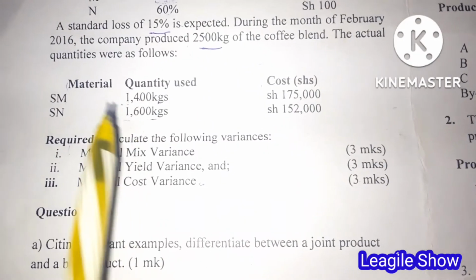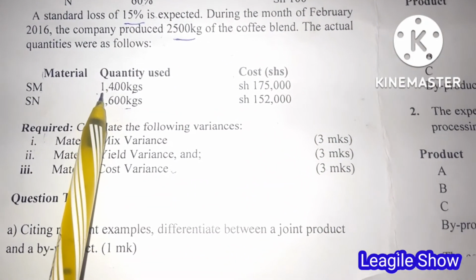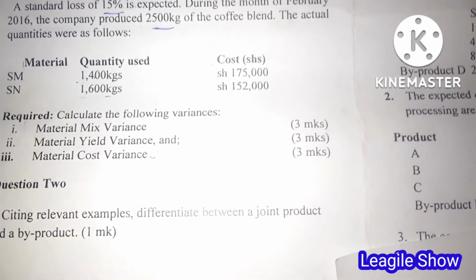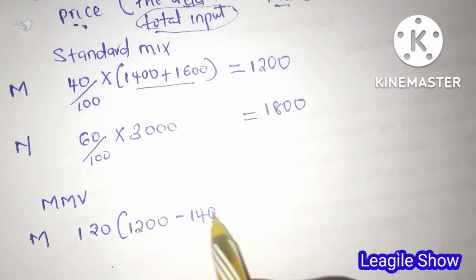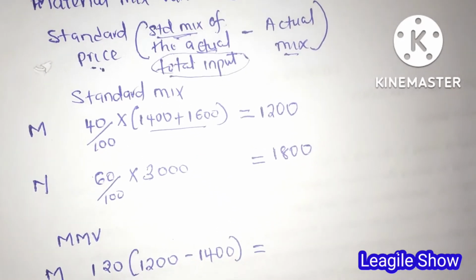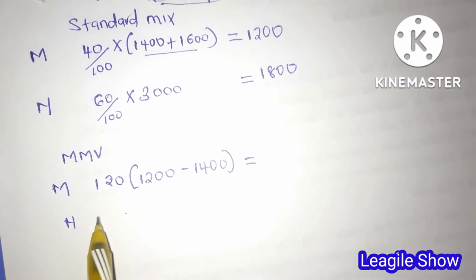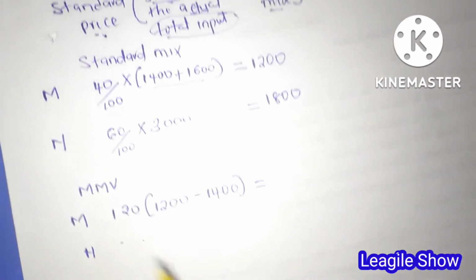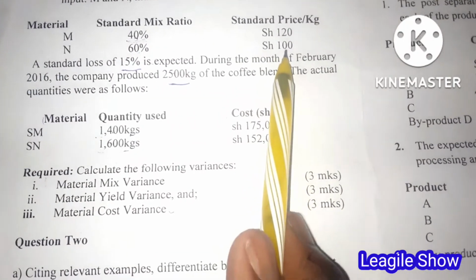We go back to our question, where the actual mix was 1,400 for material M. So you put it there, and this gives you the value. Then for N, the standard price for N, back to our question again, was 100.